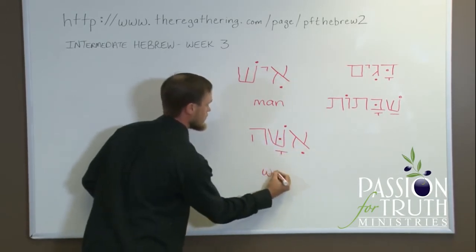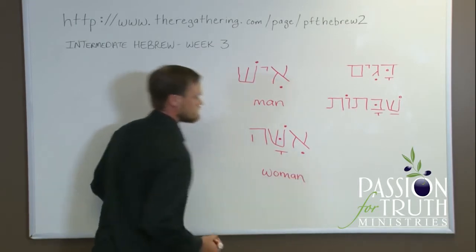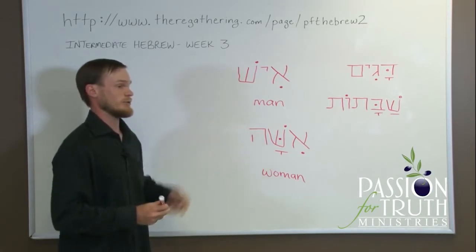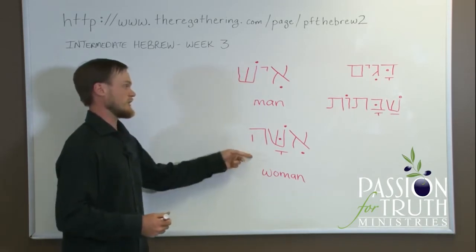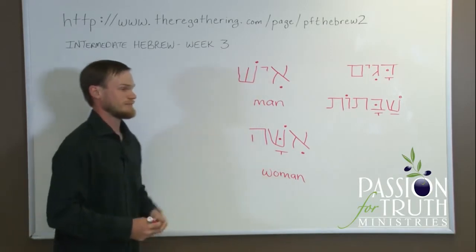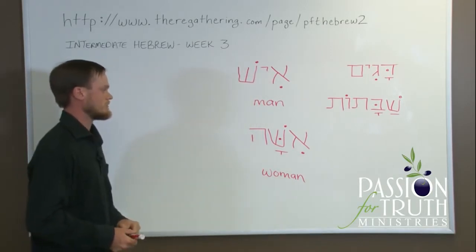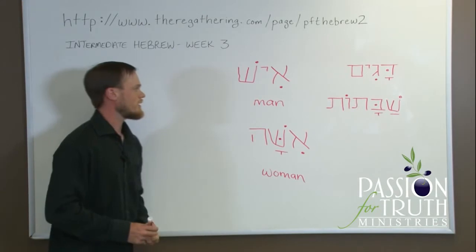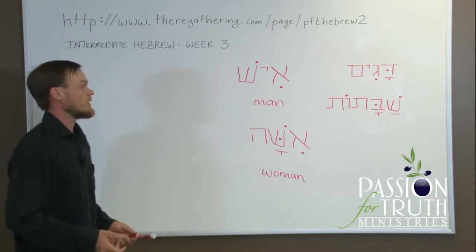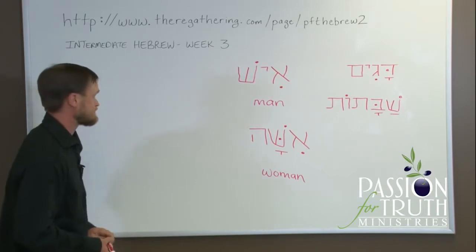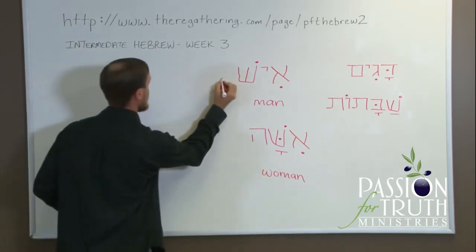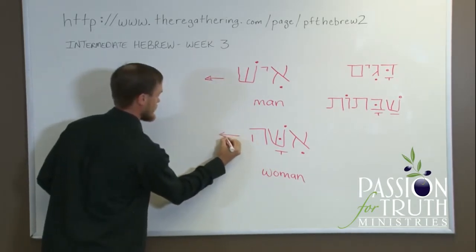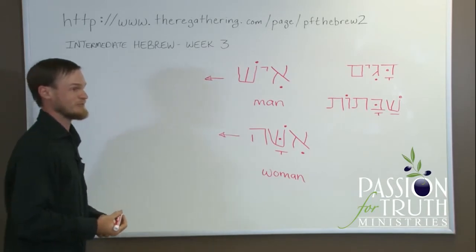And Isha is a woman. These terms are used in Genesis 2. It says he called her woman because she was taken from man. Ish and Isha. Actually, we have the same kind of linguistic parity in the terms man and woman. But these words both have irregular plurals. And again, since they are irregular, it's nothing you could predict. There's no rule that says this is going to happen this way. These are just things that, well, you just have to know.